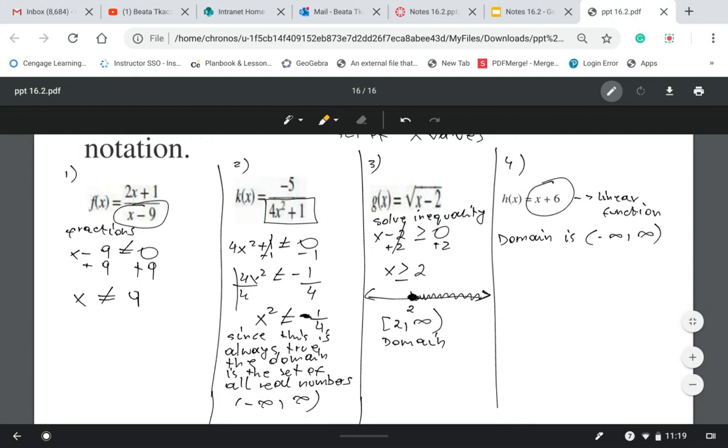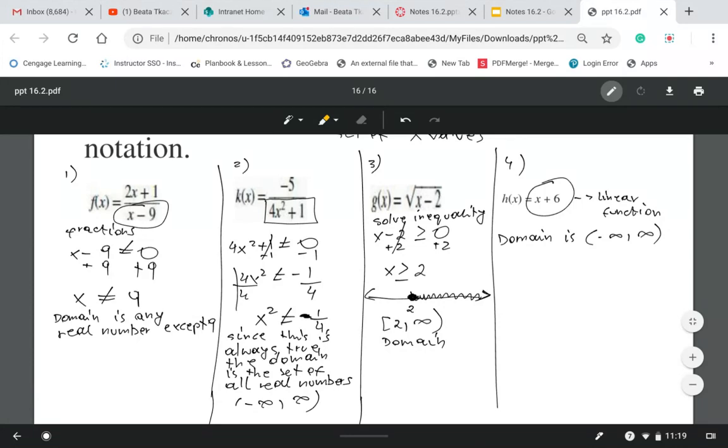So the domain of this function will be any real number except 9.